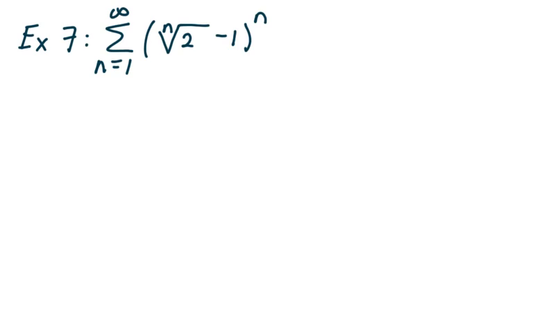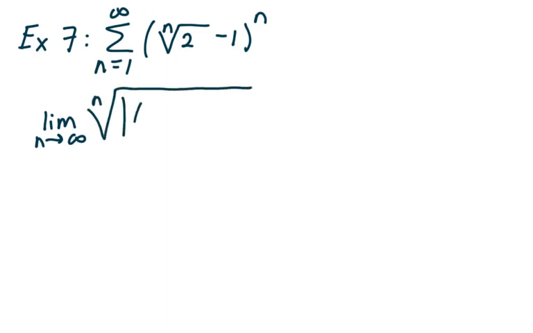And so I'm going to look at the limit as n goes to infinity of the nth root of the absolute value of the nth root of 2 minus 1, to the nth, like so.